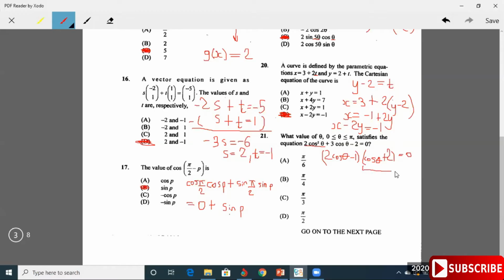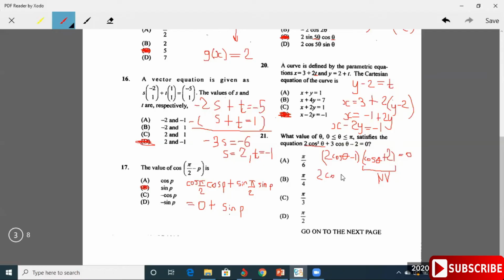Now this part is not valid, and the reason is that the cosine of theta is always going to be between 1 and -1. So when we're solving cos theta being -2, that's not going to give us a solution. So this is not valid. We're only solving 2 cos theta minus 1 equal to 0.